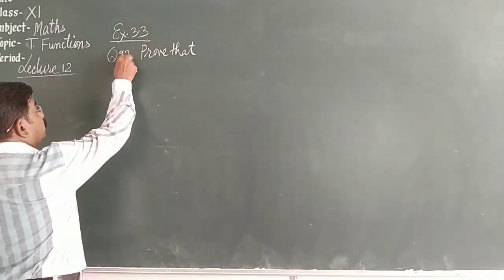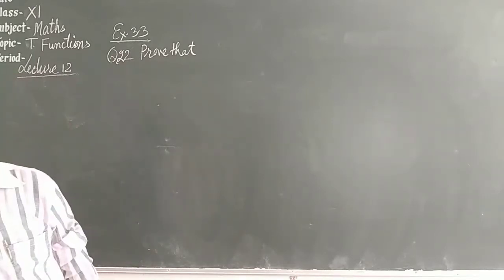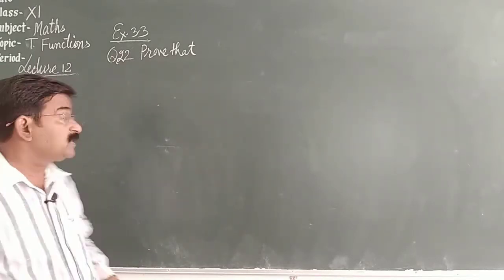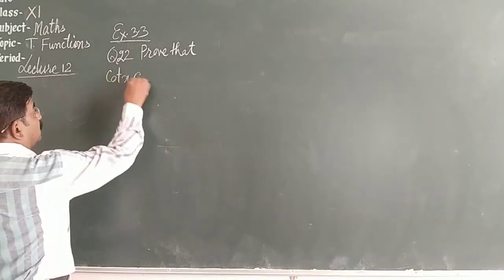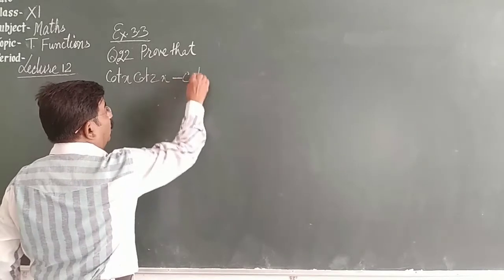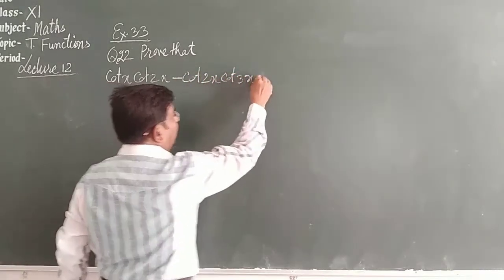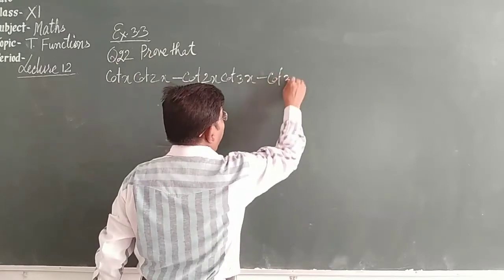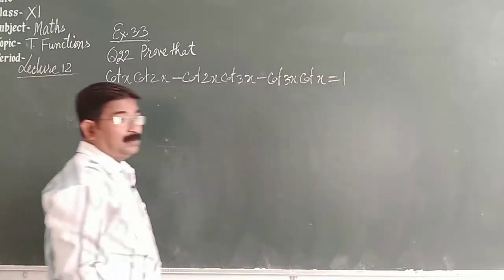So I am solving question number 22. See, question number 22 is an important question. We have cot x cot 2x minus cot 2x cot 3x minus cot 3x cot x is equal to 1.